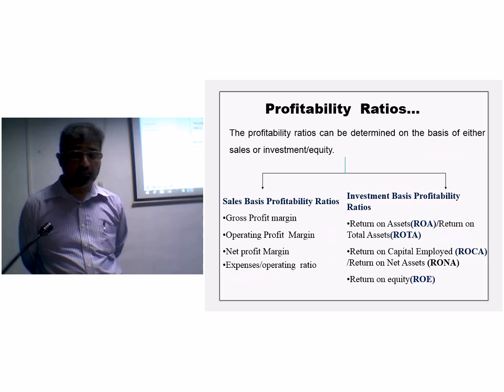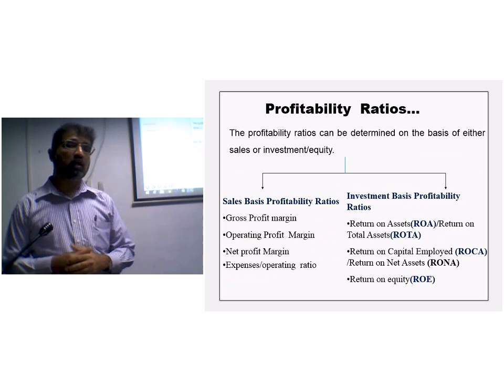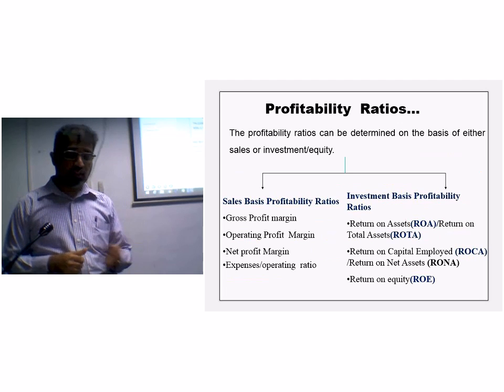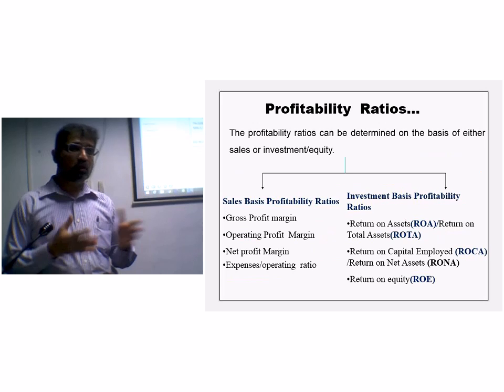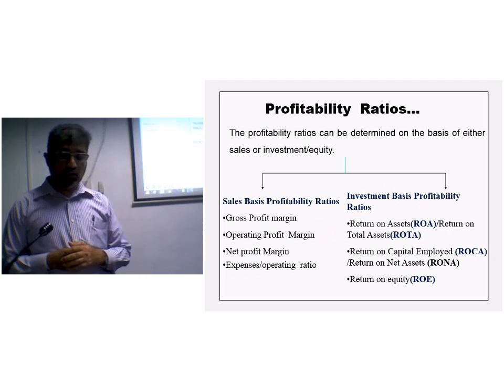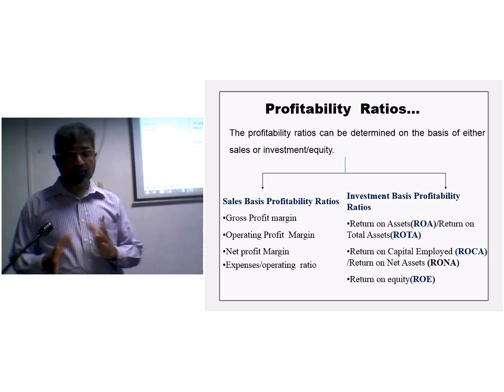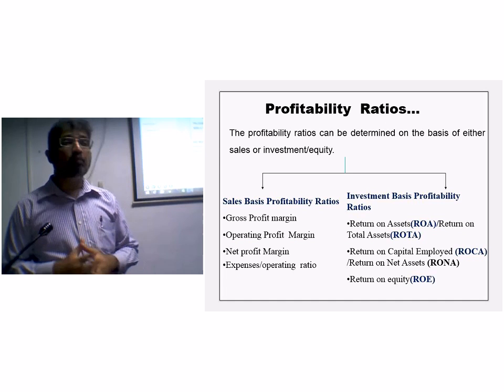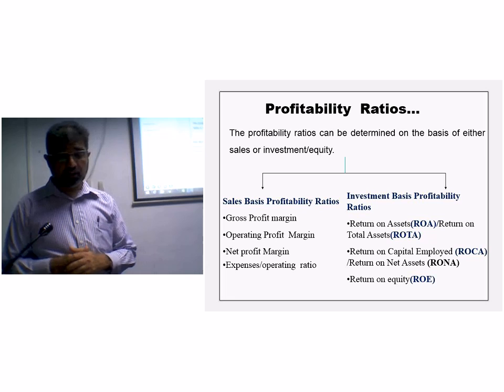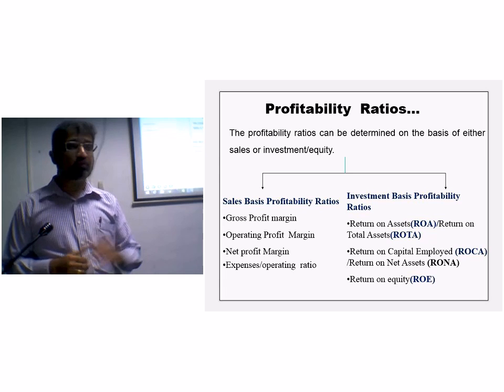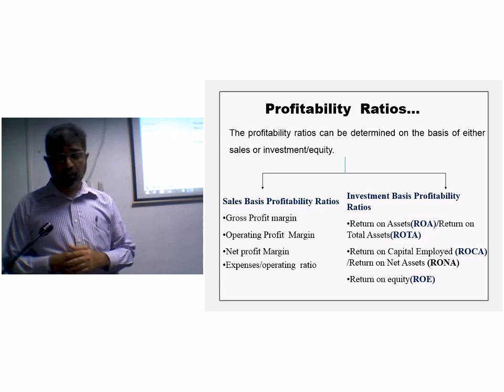You can calculate different types of ratios. Then operating expenses over sales, then advertising costs over sales. Likewise, you can calculate a number of measurements to measure profitability.